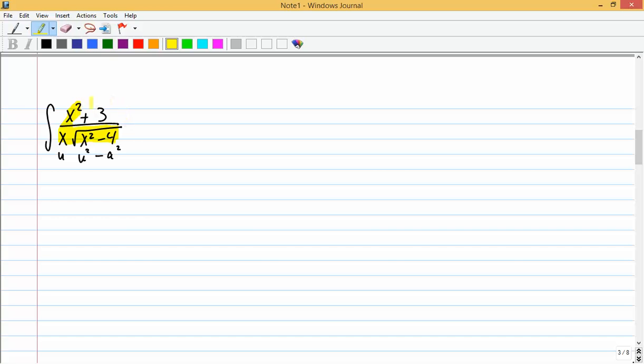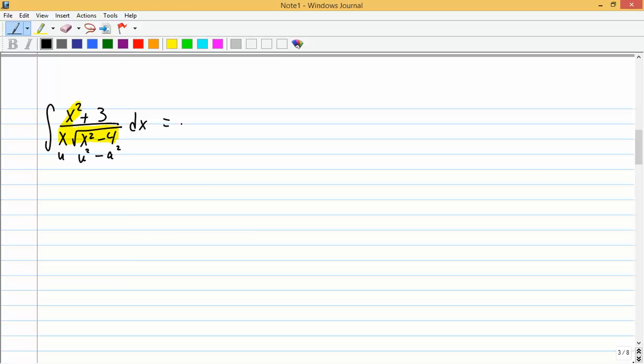Meaning, if I have a fraction and I have multiple pieces in my numerator, I can say this first term over the denominator, and then plus the second term over the denominator, and so on and so forth. I'm just trying this way. It may not work. This may not pan out.